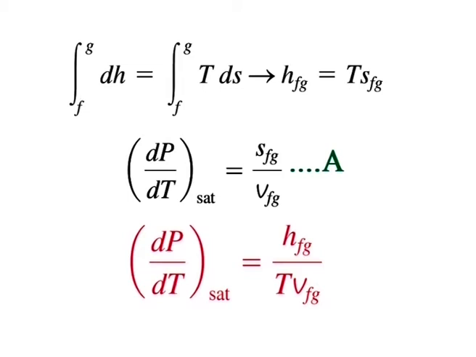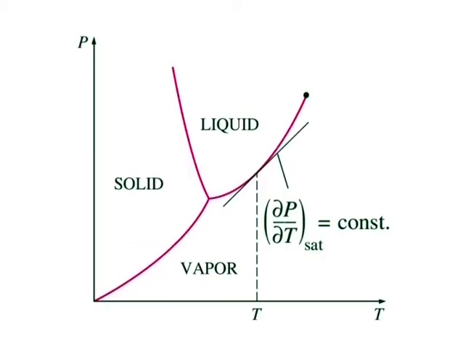This is called the Clapeyron equation after the French engineer and physicist E. Clapeyron. This is an important thermodynamic relation since it enables us to determine the enthalpy of vaporization Hfg at a given temperature by simply measuring the slope of the saturation curve on a PT diagram and the specific volume of saturated liquid and saturated vapor at the given temperature.